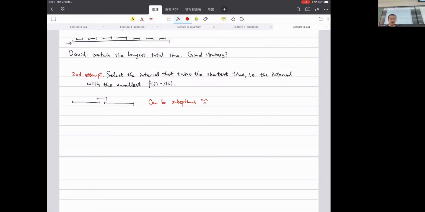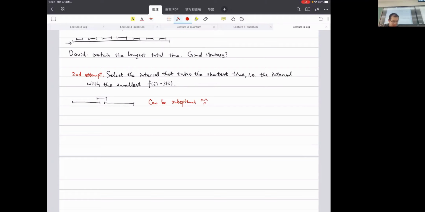Along the idea that David just mentioned, based on our first and second attempts, for this interval scheduling problem, compatibility is something really critical. For instance, you may imagine that taking the shortest interval can be good, but it is really the compatibility that prevents the second attempt from being a good one.